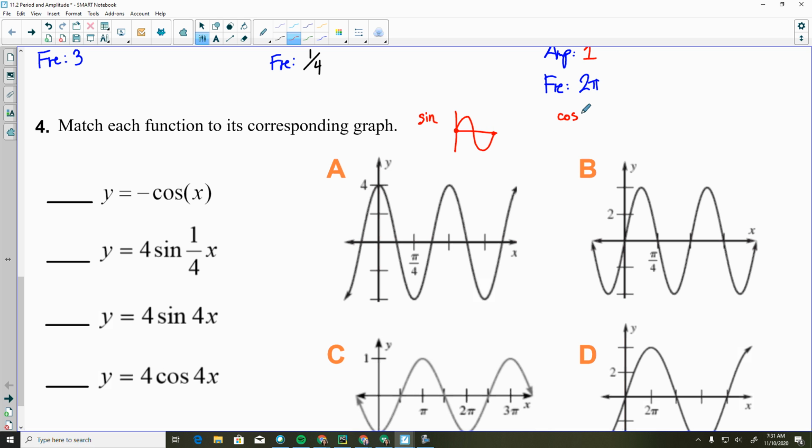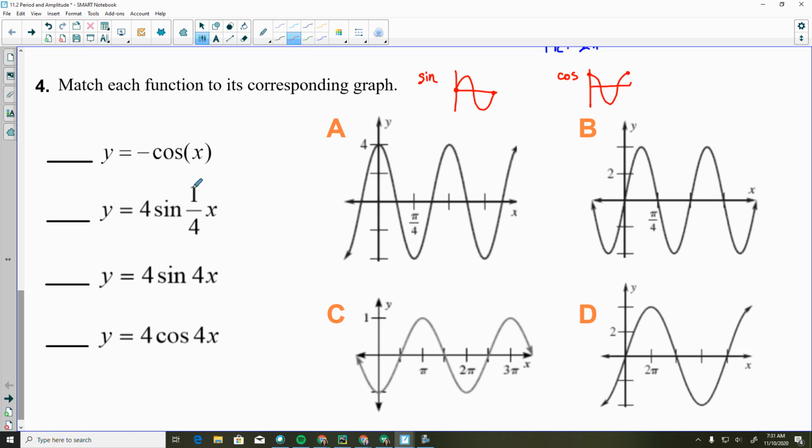Where cosine, the shape for this is that it starts at whatever its maxima is, goes down, hits the x-axis, goes to its minima, then it goes back to the x-axis, and then back up to a maximum, okay? So there's sine and cosine.